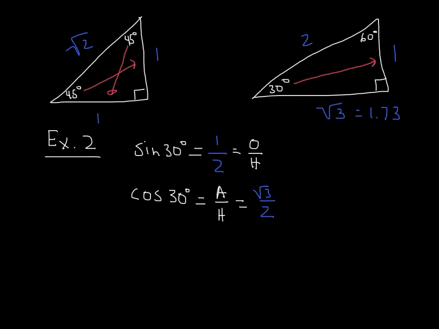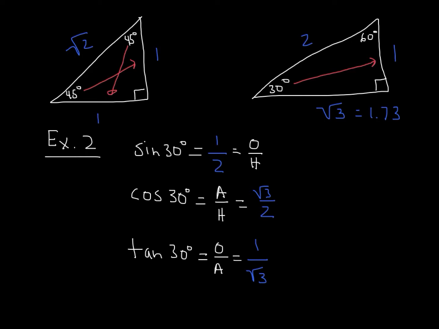And then we have tangent. SOHCAHTOA, opposite over adjacent. So the opposite of 30 is going to be 1. And actually, let me do that in blue. So that's going to be 1. And the adjacent is going to be root 3. Now, just to let you know, a lot of times we don't leave the radical on the bottom of fractions.